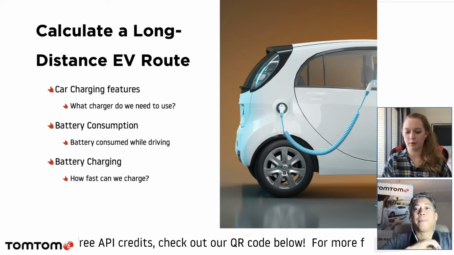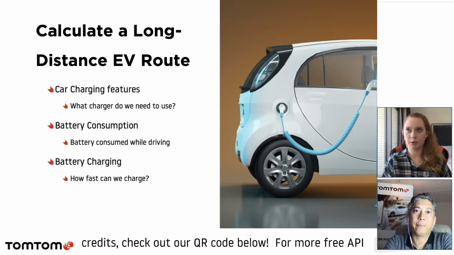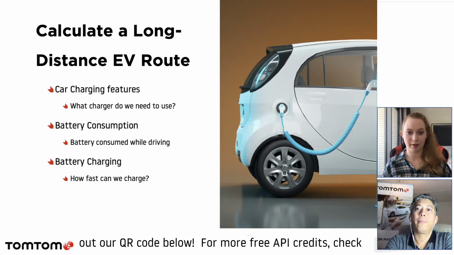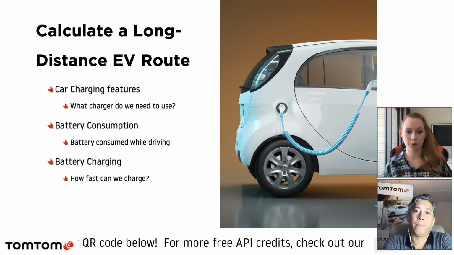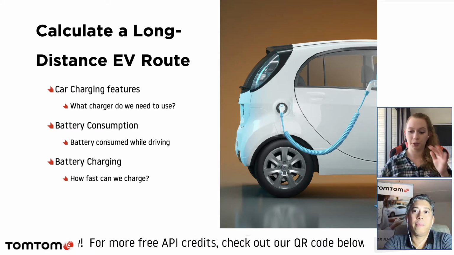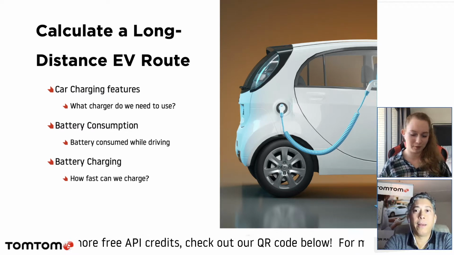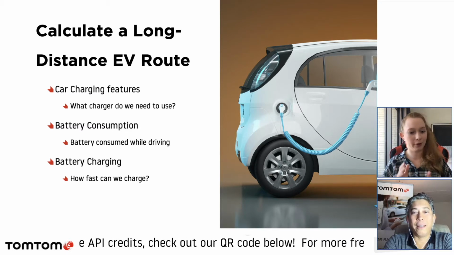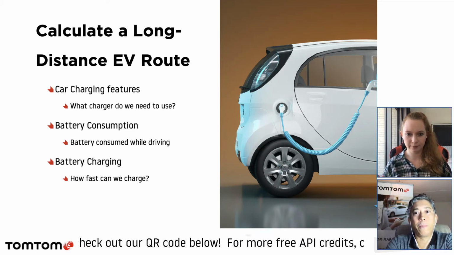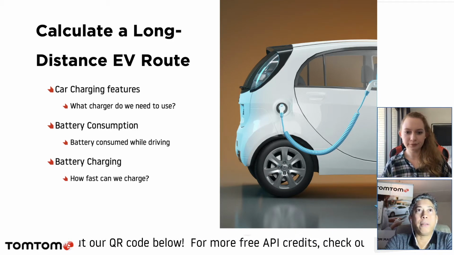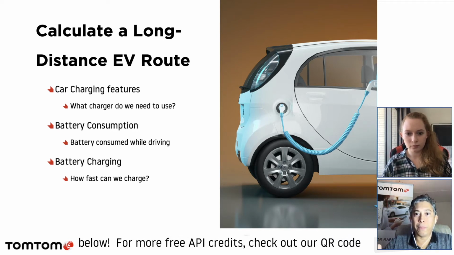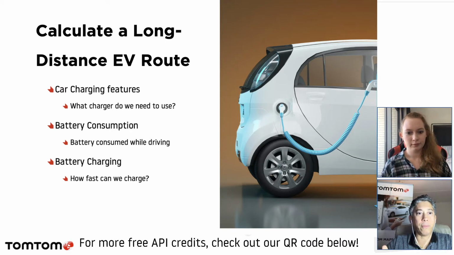At each charging station, I feel like there are sometimes different connectors or different types of chargers. Are we going to have to narrow down the type of charger at each charging station? Because we get into the whole language of charging point, which is the plug, and the charging pole and the charging station, which all gets very confusing. But basically, you need one plug to charge your car, and sometimes the charging parks have different connectors, right? Yes. In our TomTom API, you will get the location where the charging station is.